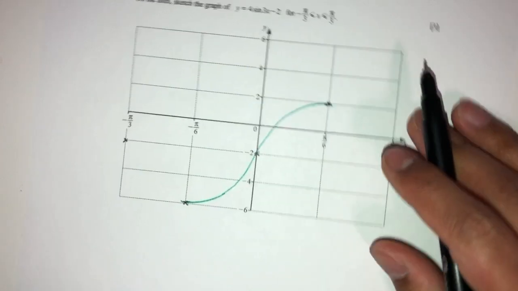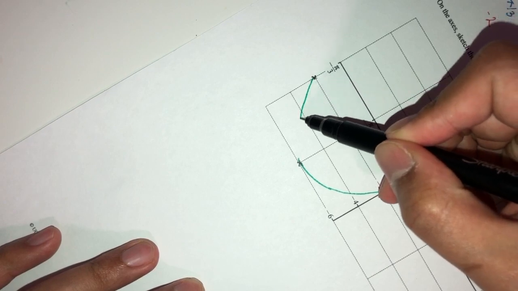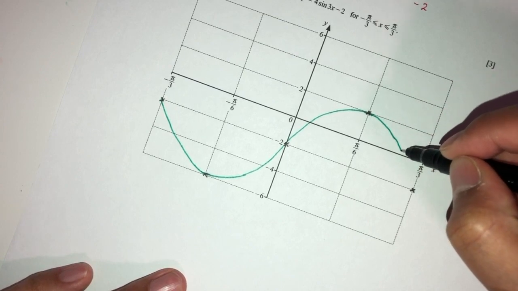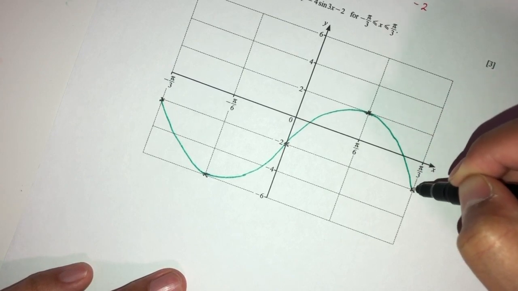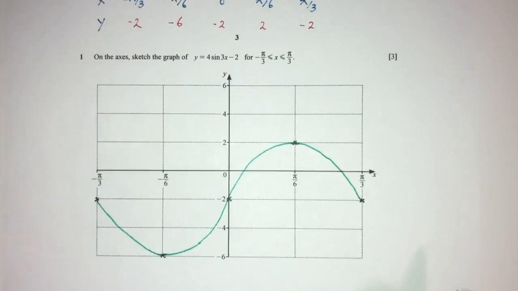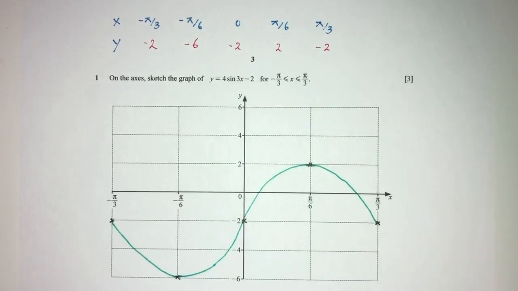Alright, almost done. Okay, here you go. And then you can just label your graph, but that should be fine for your question number 1, using a table of values to draw your graph.